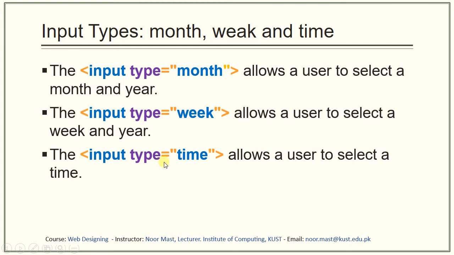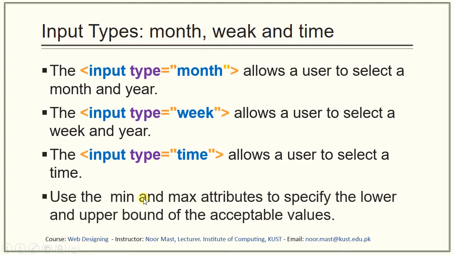The input control can be used for entering a time if the value of the type attribute is time. With all of the above mentioned three input types, you use the min and max attributes to specify the range of the acceptable values.